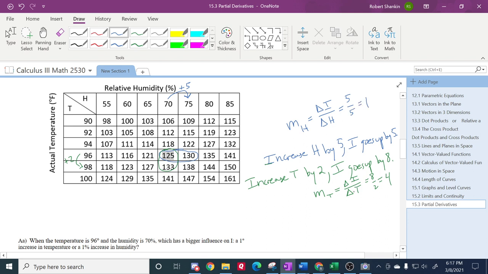And what we see is 4 times the sensitivity to temperature than there is to humidity. So it goes up a lot bigger. Now, did anybody do it differently than just looking from this number to this number and from this to this number? Anybody?